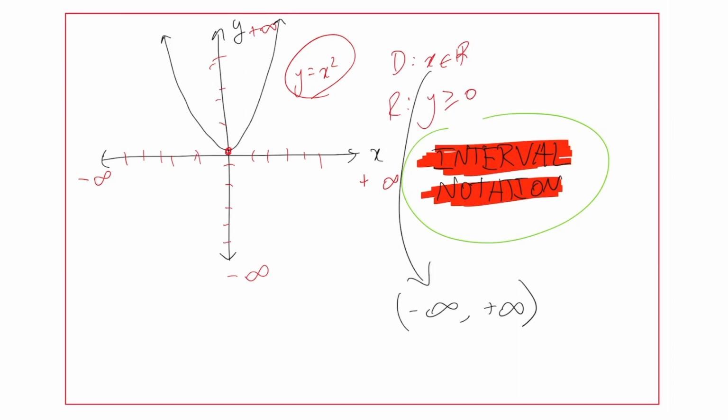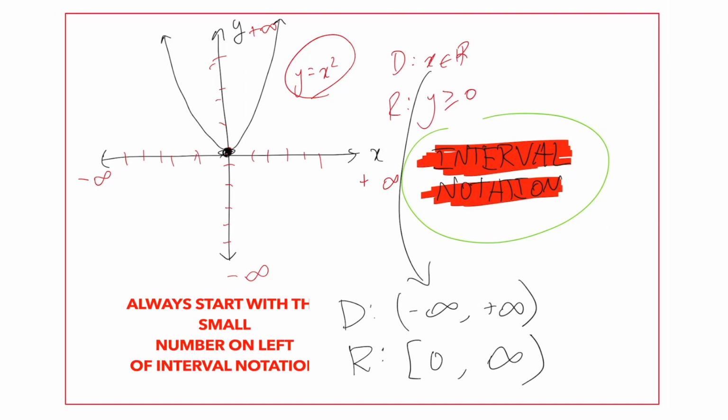Now how about the range? Let's see. It starts from 0 and goes all the way up to infinity. And we're including 0. It's part of the range. So how can we write the range in interval notation? Well, again, starting from 0 and all the way up to infinity, positive infinity. Starting from 0 right here and all the way up.